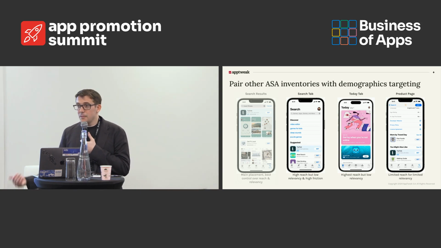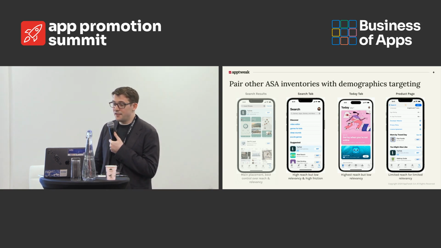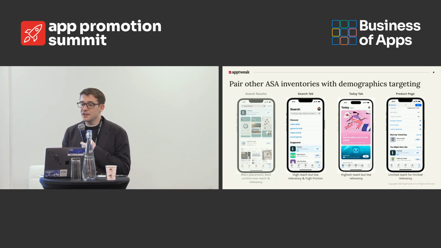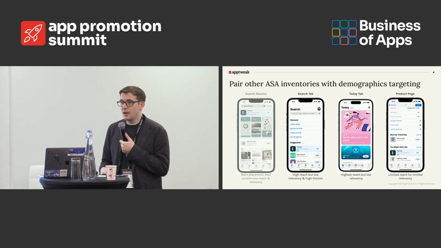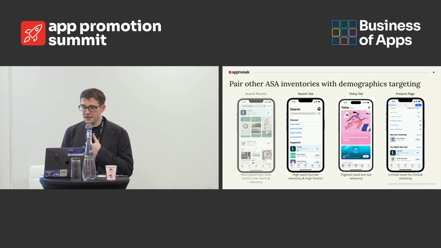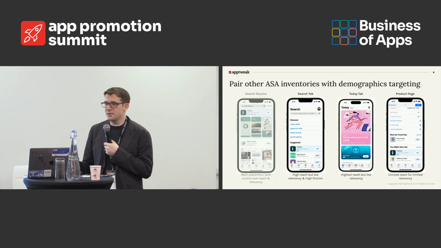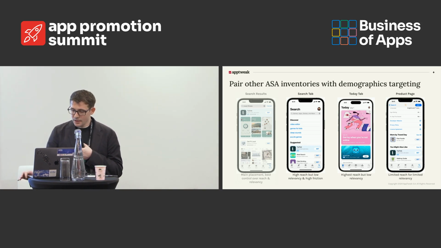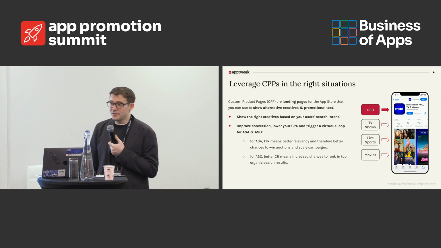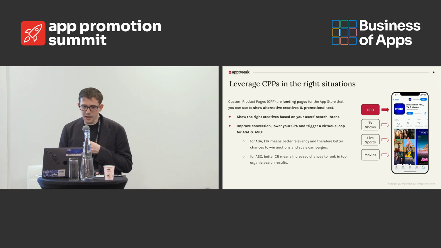But when we have low relevancy but very high reach, which is the case with Search Tab and Today Tab, starting to use things like demographics targeting can help narrow down on that reach and get back to a healthier situation. That works even better if we start using CPPs.